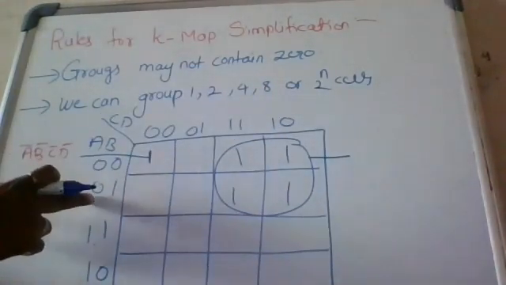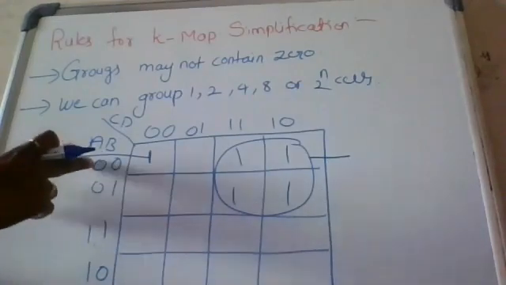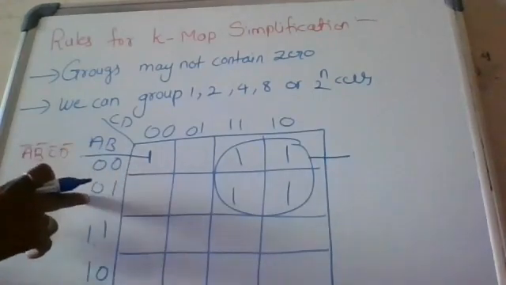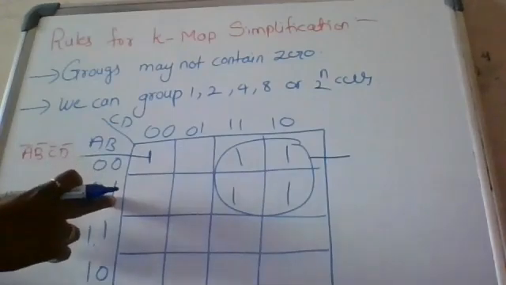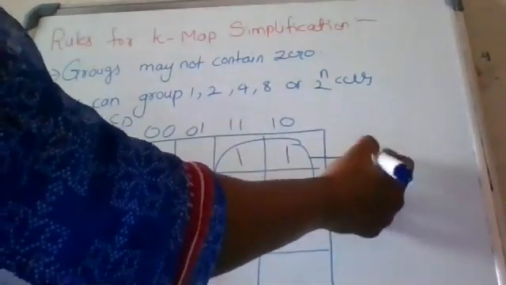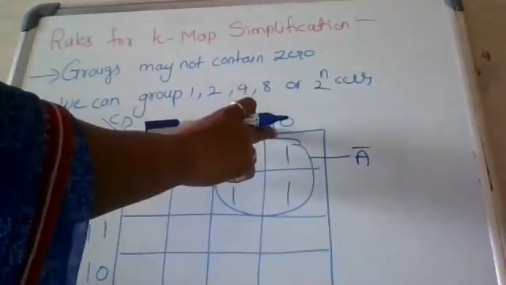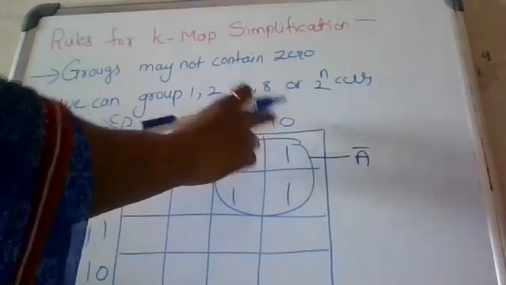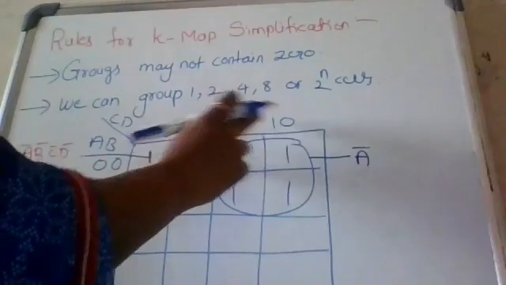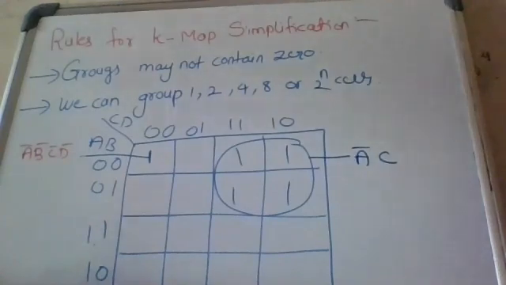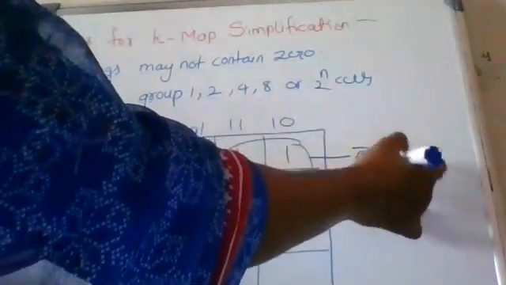Here AB is 00 and 01, so the common one is A. A is 0, while B is 0 and 1, so A is common and A equal to 0 means A complement. Here C is common, C equal to 1, and D complement.